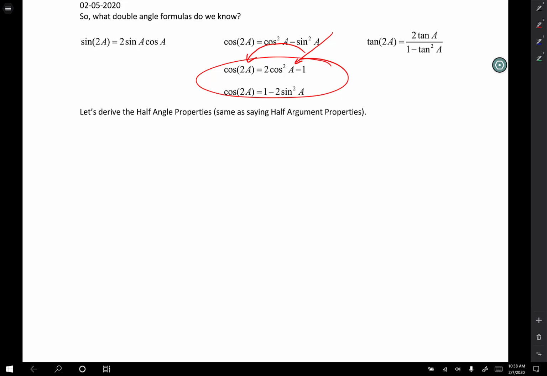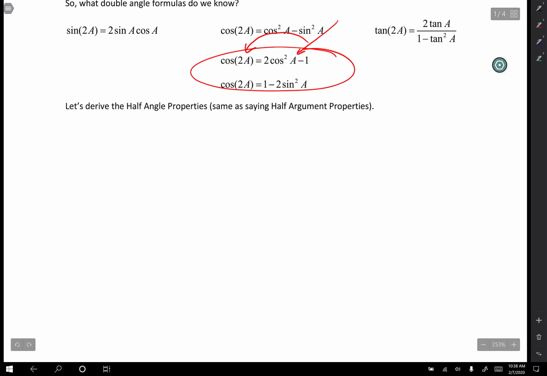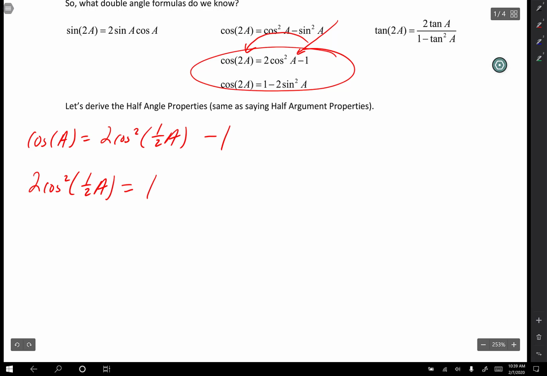We're going to say that cosine of A is equal to 2 cosine squared of half A minus 1. And then I'm going to move the 1 to the other side, and I'm going to write the 2 cosine squared first, because that's what I want to solve for. So I'm going to write 2 cosine squared of half A equals 1 plus cosine A.